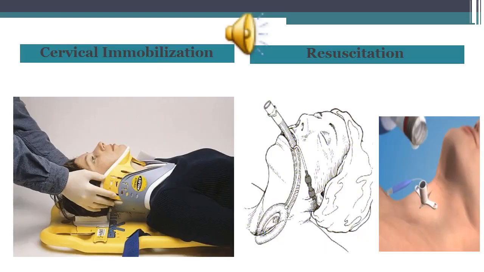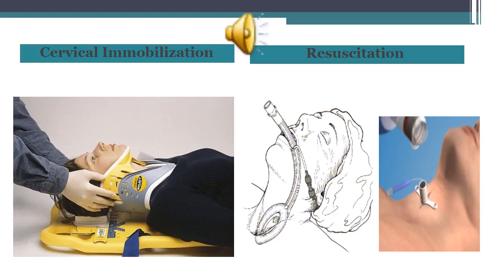It is of crucial importance that when we are dealing with patients of severe head trauma or moderate head injury, it is very important to control cervical mobility. We have to do cervical immobilization by using Philadelphia collar.